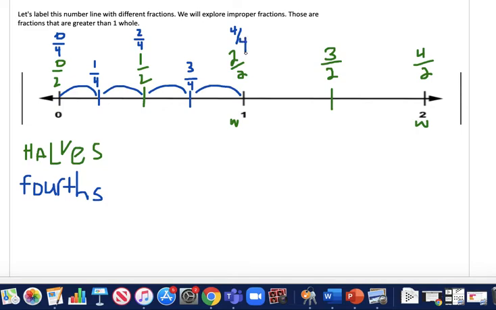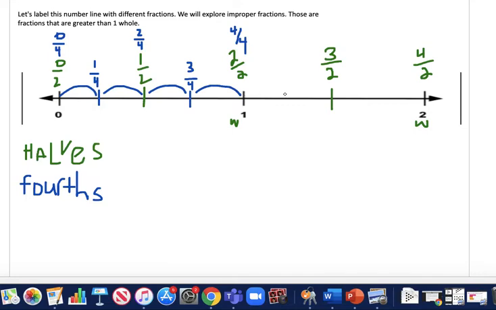Now we need to go beyond 1 whole. That means from 1 whole to 2 wholes, we need to make 4 equal parts again. Our denominator will stay fourths because between each whole, it is 4 equal parts. So that's why our denominator is not changing.